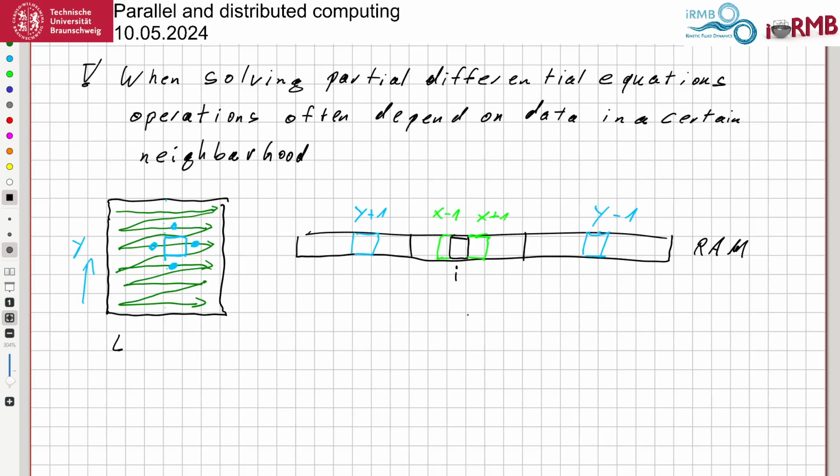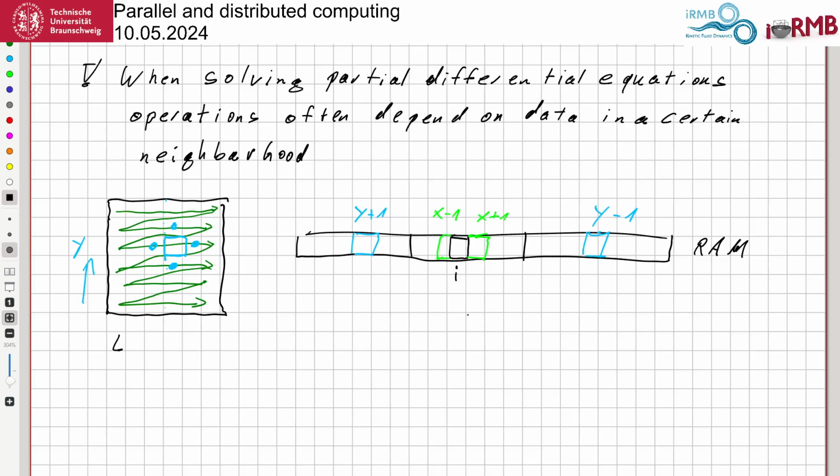Now, since you can arrange only one of them along the memory, you have perfect locality in one direction, and you don't have perfect locality in the other direction. Now the question could also be, how bad is your non-locality in the other direction?